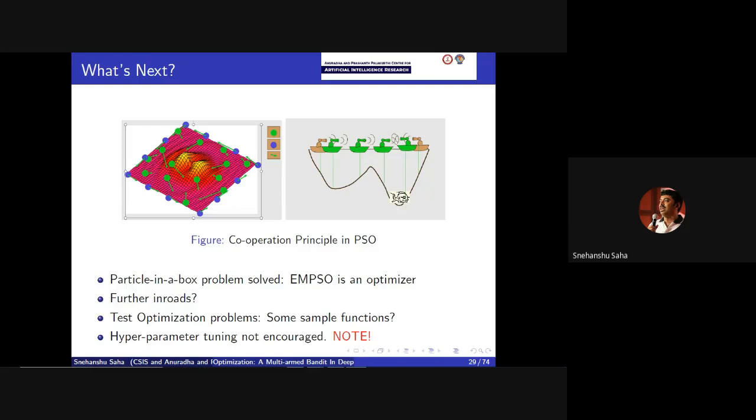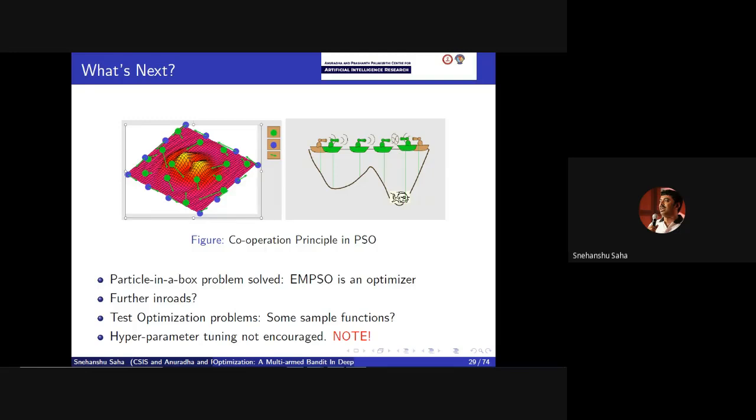The visualization is instructive: you and your friend are measuring the depth of the lake, shouting to each other and communicating, and when both of you agree that this is the maximum depth of the lake, the search stops. That is typically the way particle swarm works.